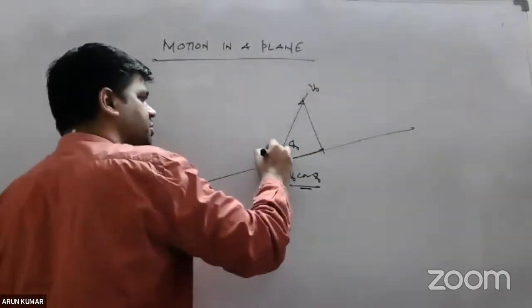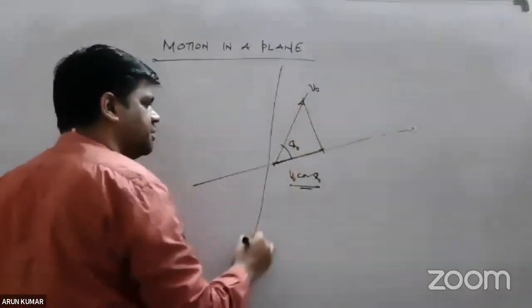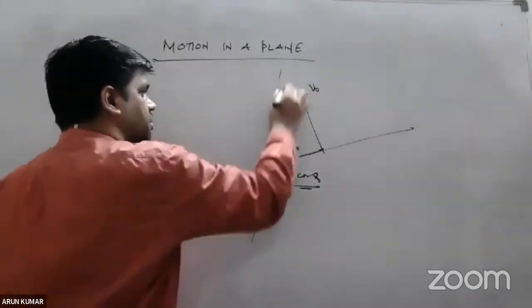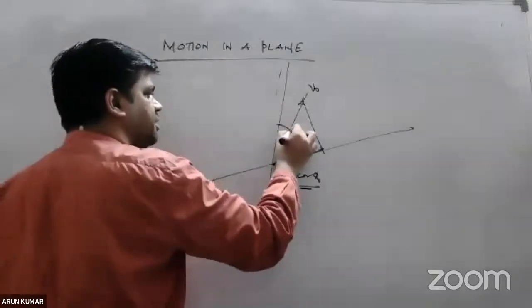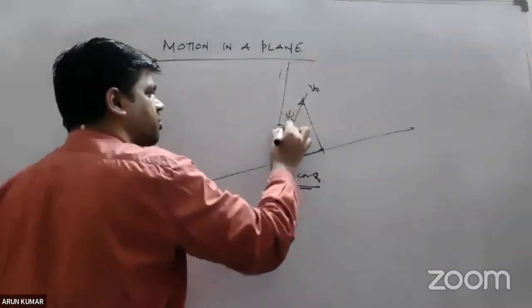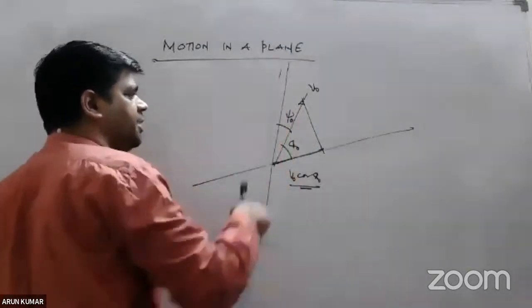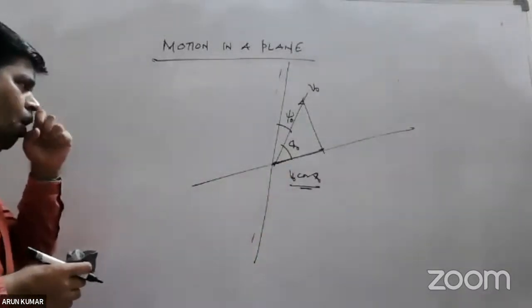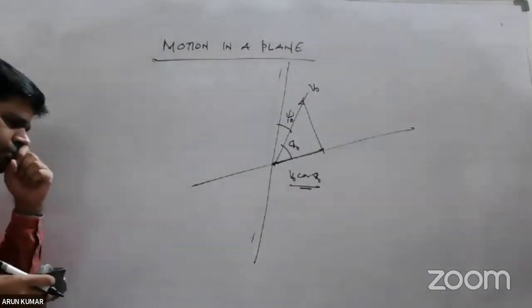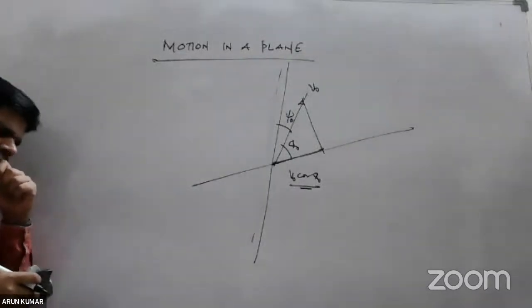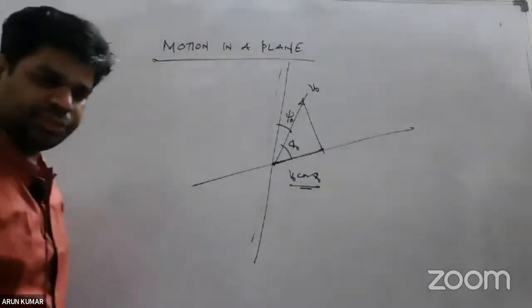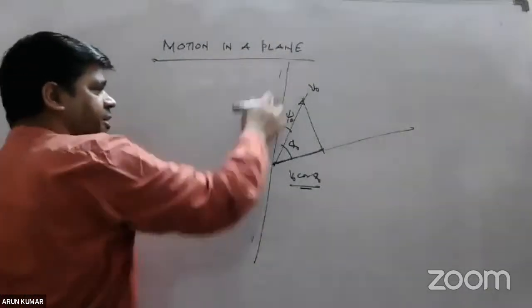Now I have got another line which is perpendicular, like this. And this angle is psi. What is the component of V naught along this line? Students, what is the component of V naught along this line?